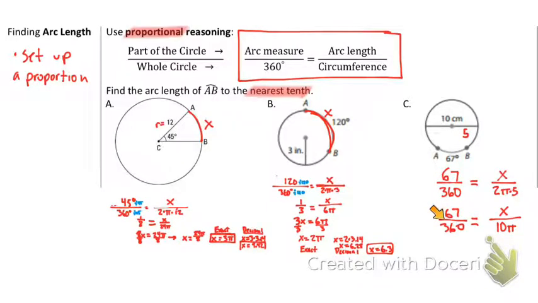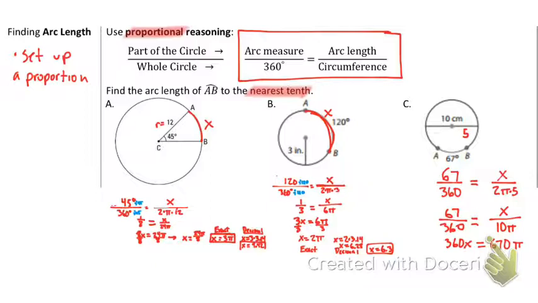Which is okay, we're just going to cross multiply and have some big numbers. So let's cross multiply here, 360 times x. And then we're going to have 67 times 10. And then pi comes along for the ride.